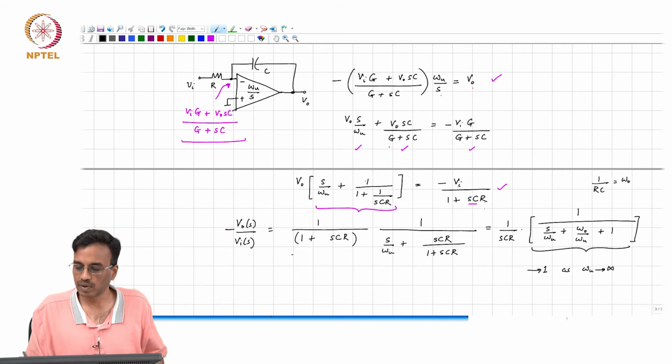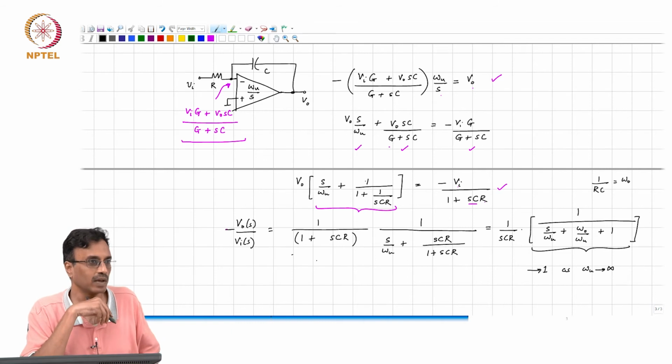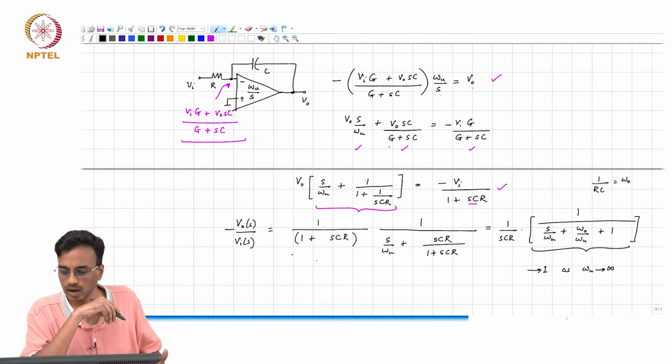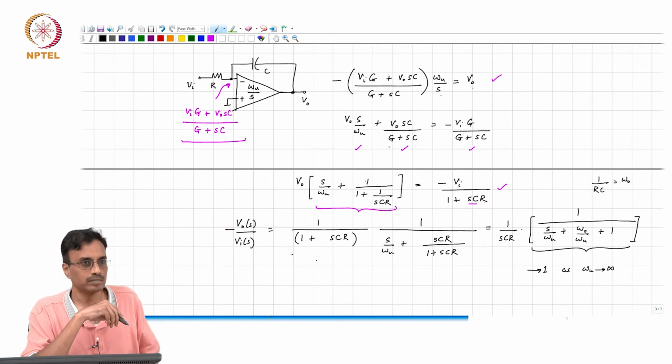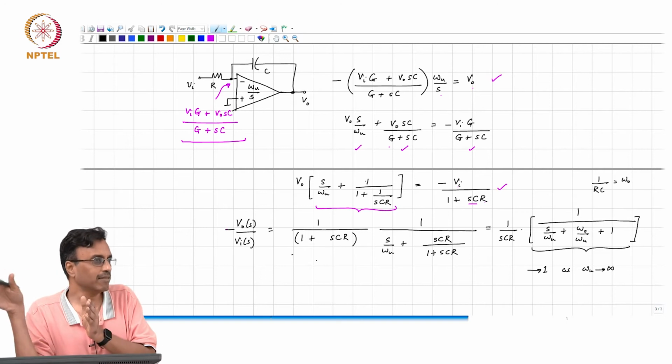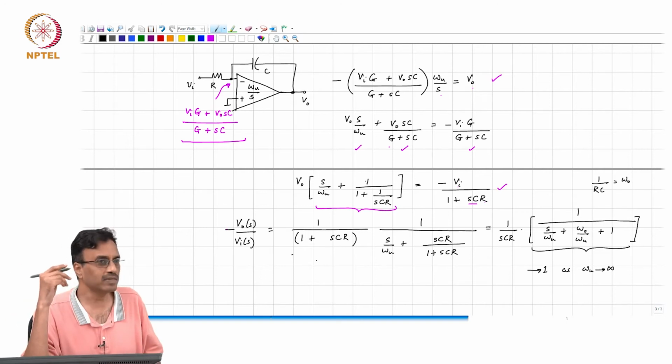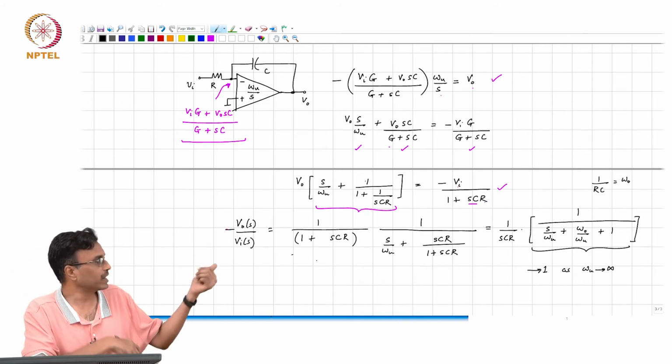So Vo by minus Vi is nothing but one by 1 plus SCR times 1 over S over omega u plus SCR by SCR plus 1. Now, let us try and isolate this 1 by SCR, so that whatever else we have becomes a constant as omega u tends to infinity.